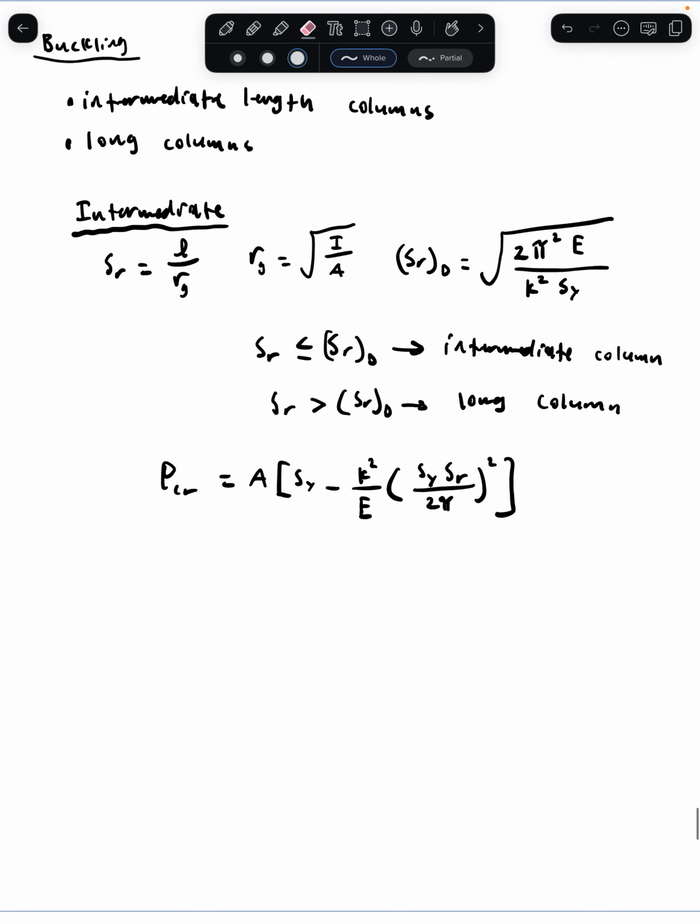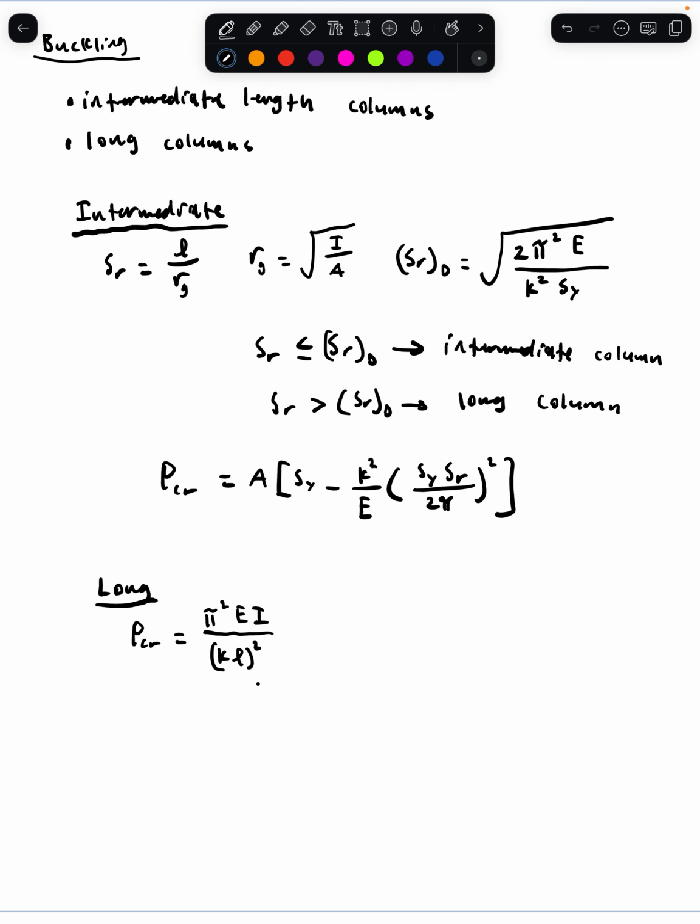For a long column, it's a lot cleaner. Again, that's if your slenderness ratio is greater than your stress determination factor. For this, your critical load is just pi squared times your elasticity times your area moment of inertia divided by k times L squared.